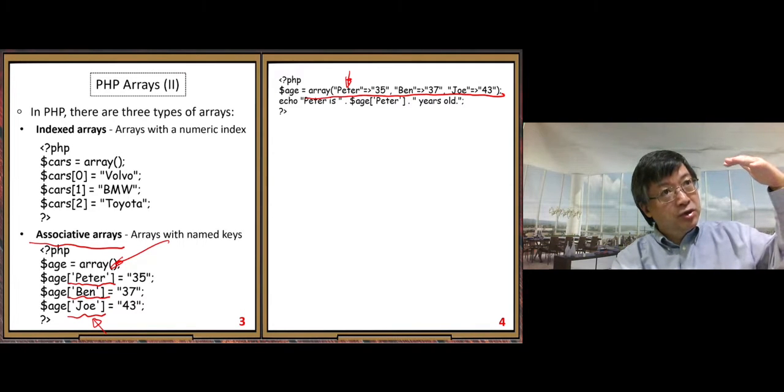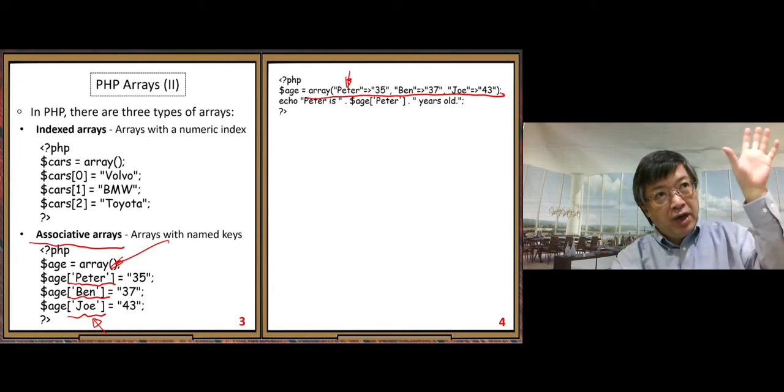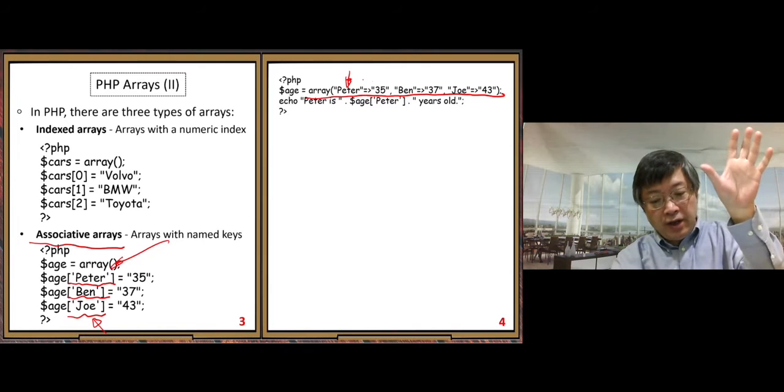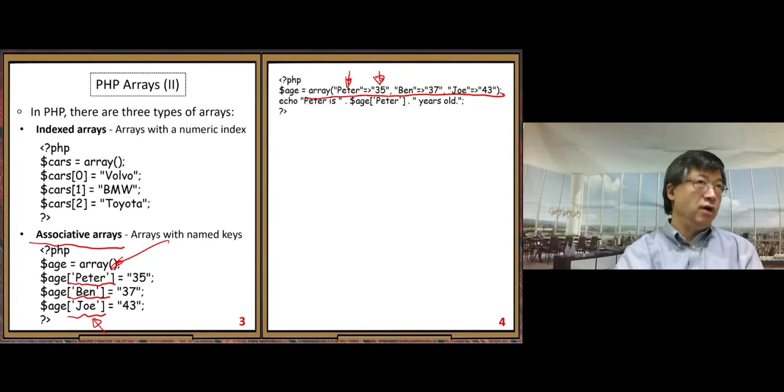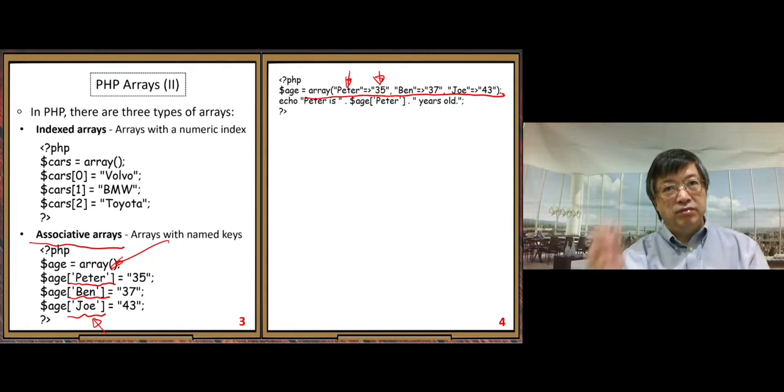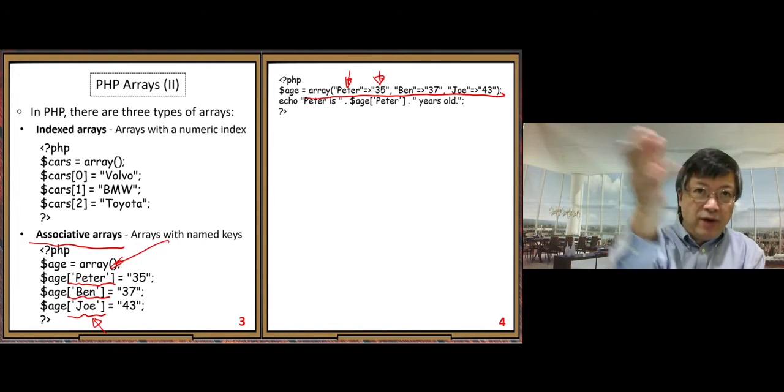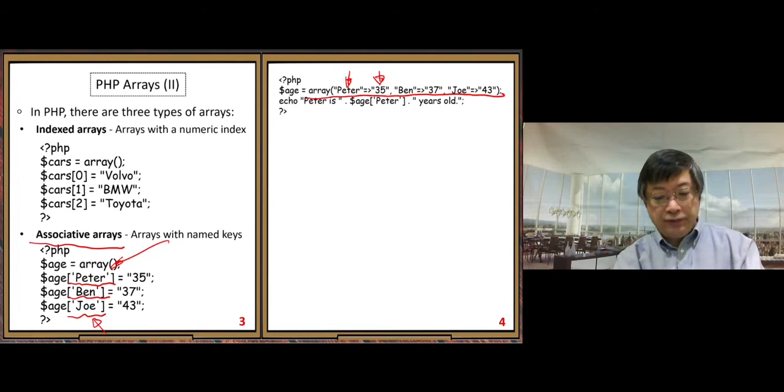This special symbol tells us we have a key value pair. The key and the value form a key value pair, and so on. So this is also another way to define an associative array.